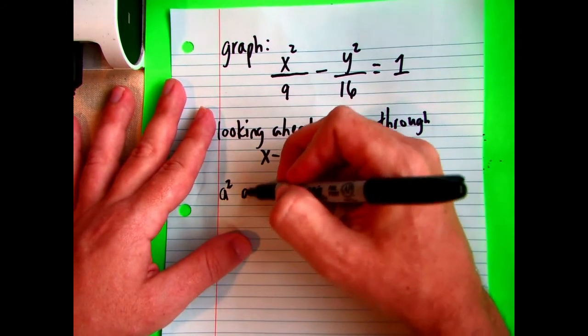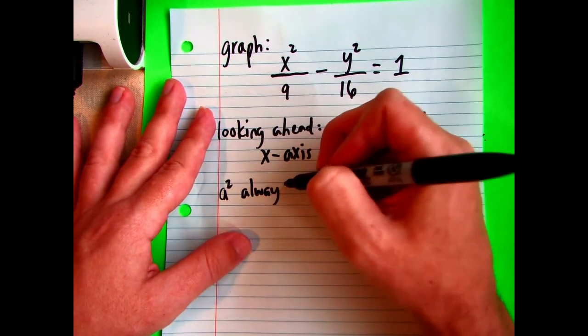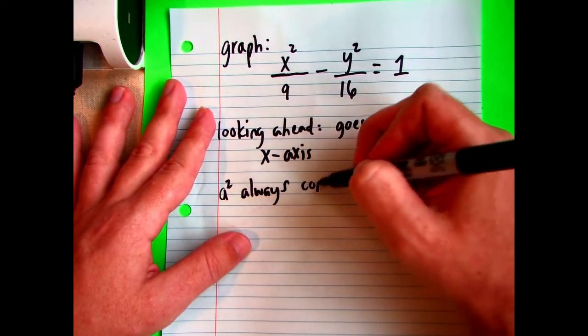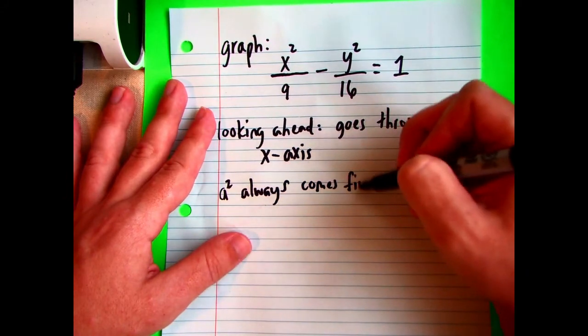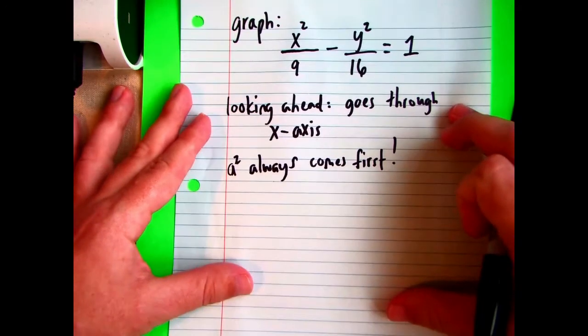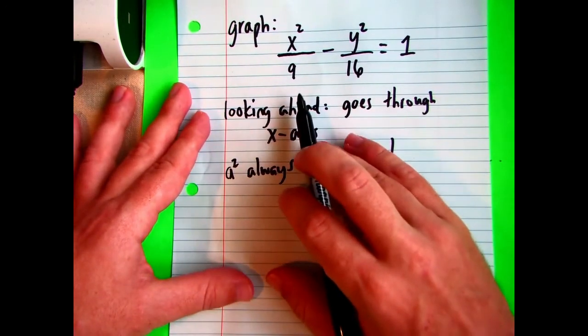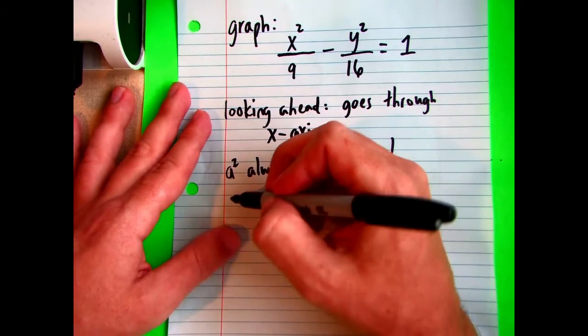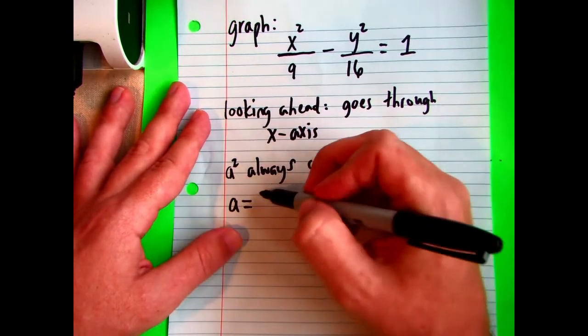Other thing that you want to also know with hyperbolas is a squared will also come first in the equation. So 9 is a squared and 16 is b squared.